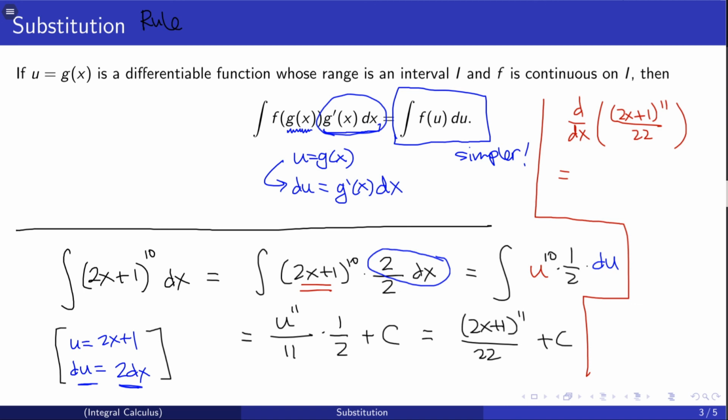So 11 goes down, you multiply by 2x plus 1, power goes down by 1, so it's now 10. Chain rule says you multiply by 2, because it's the derivative of the inside function. And then over 22, that's still there. And 11 and 2 cancel with 22, leaving you with the correct function that you started with.